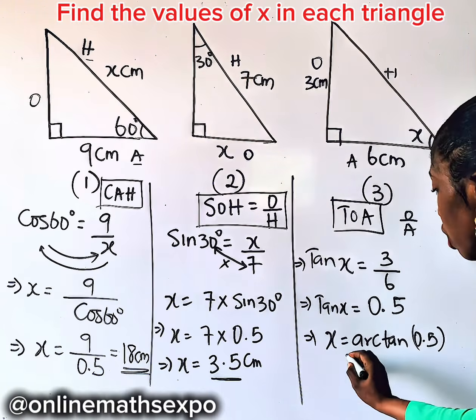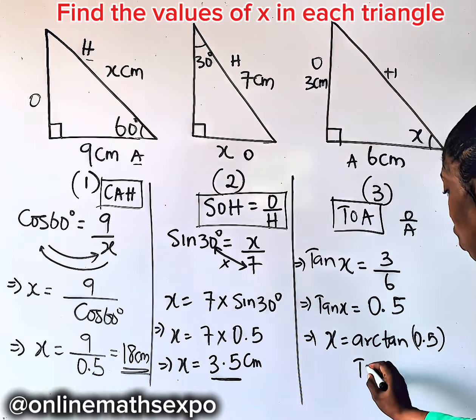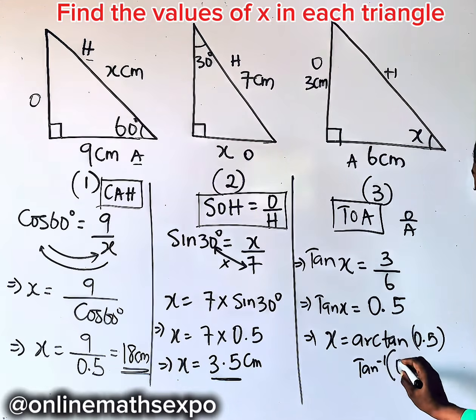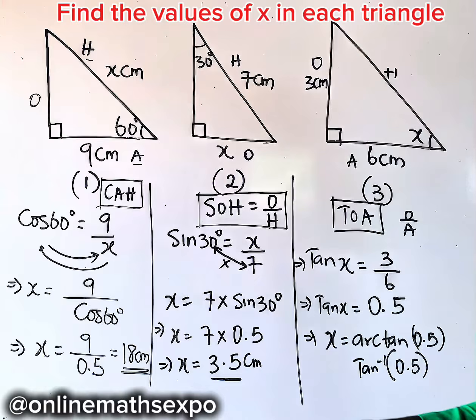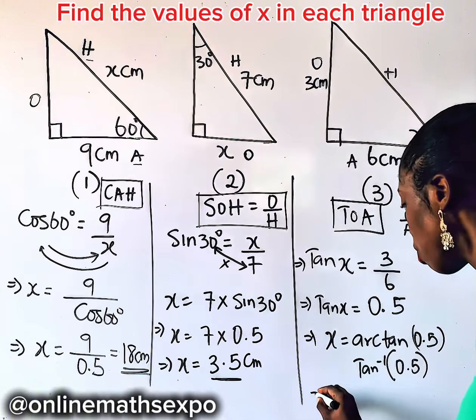You can also do it this way. It is the same thing as something like, I hope you've seen this kind of thing before. This is the same as this. It's just arc tan of this. How you do it is you press shift, if you're using your scientific calculator, then press your tan. It brings this up, so you just press tan inverse of this, and that will give you x.